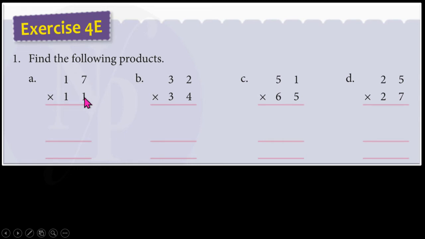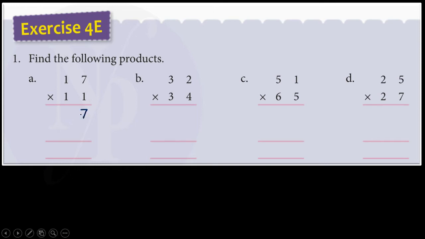First we multiply 17 by 1, which is in ones place. So we multiply 1 into 7 first, that is 1 sevens are 7. We write 7 in ones place of this answer here, 7.